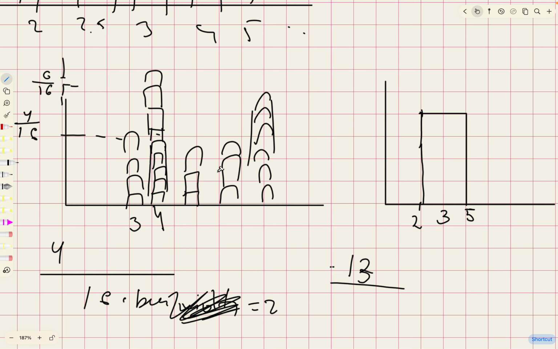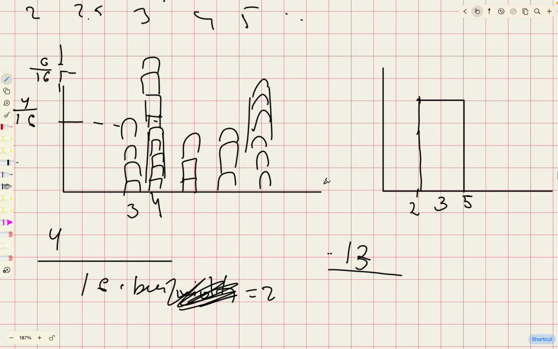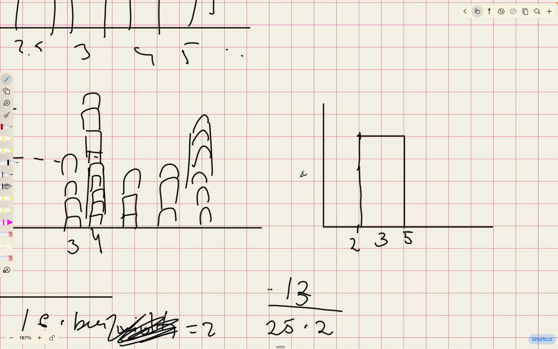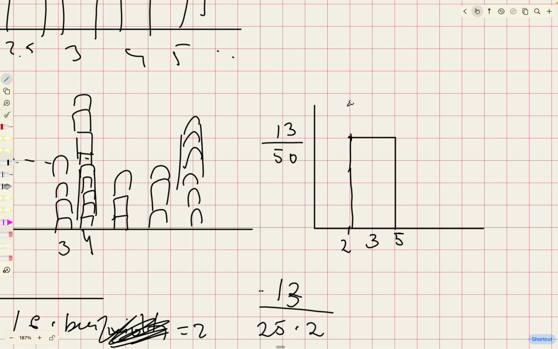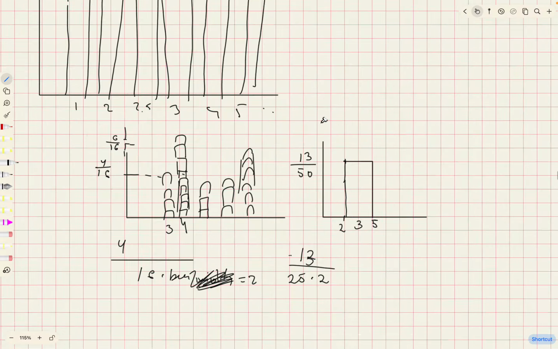We have 25 total points, multiplied by the bin width 2. So the density of this will be 13 divided by 50. So what does it actually mean? It means the probability of observing a point between 3 and 4 is exactly what this gives us.